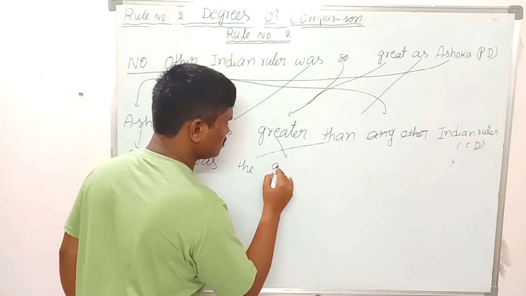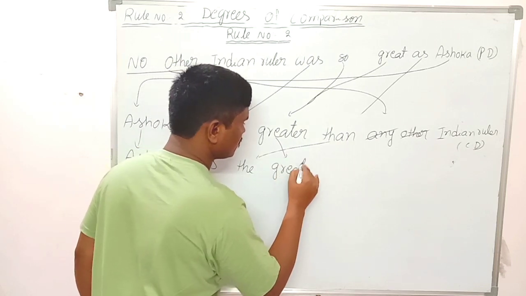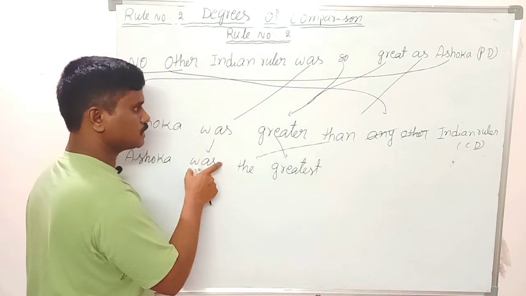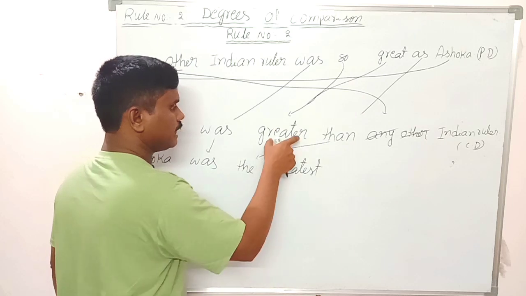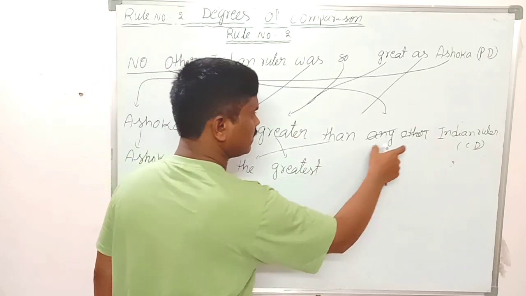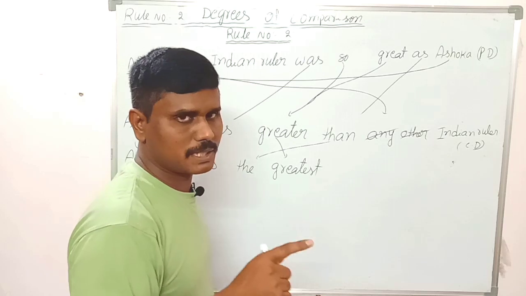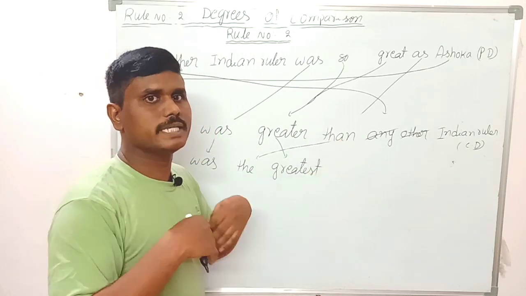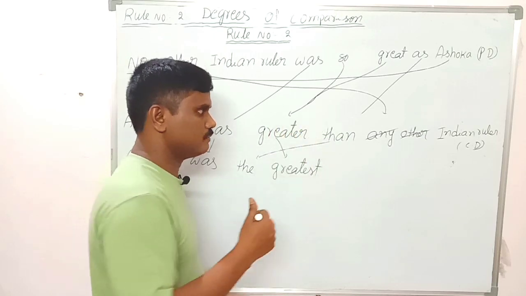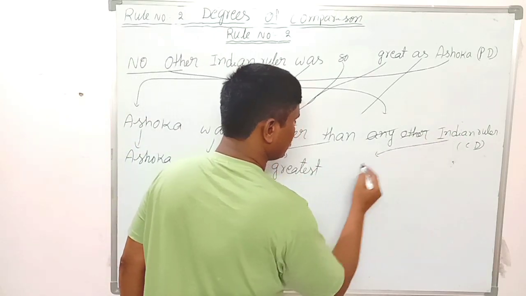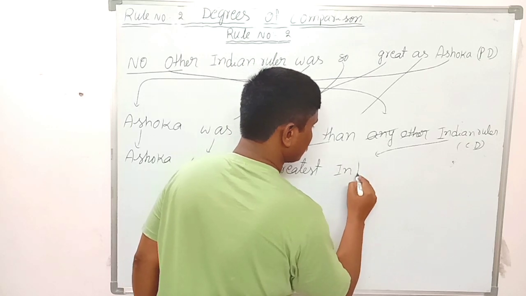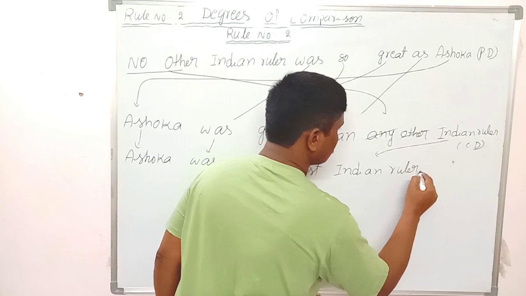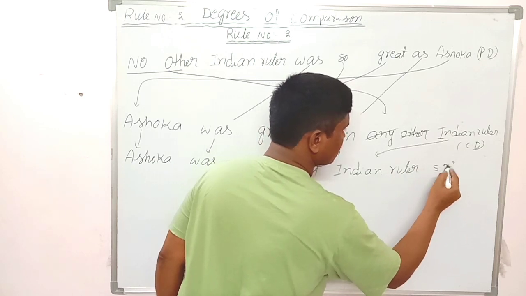Adjective 2 changes to adjective 3, that is greatest. Subject no change, verb no change, than changes to the, adjective 2 changes to adjective 3, any other is cancelled. In superlative degree we should not write any other. They don't change into anything, so be careful. And the remaining words stay as they are, that is Indian ruler. This is the superlative degree sentence.